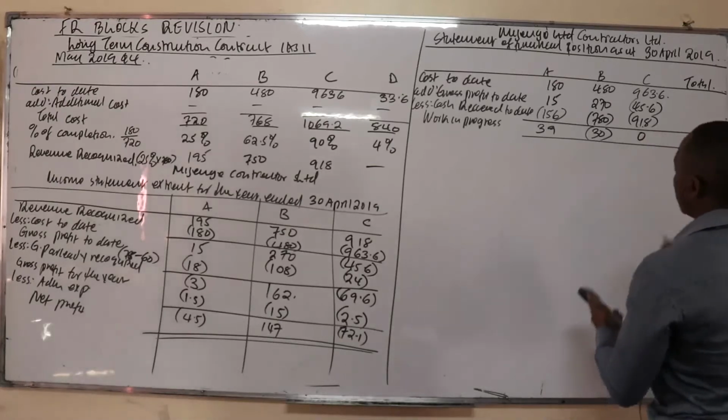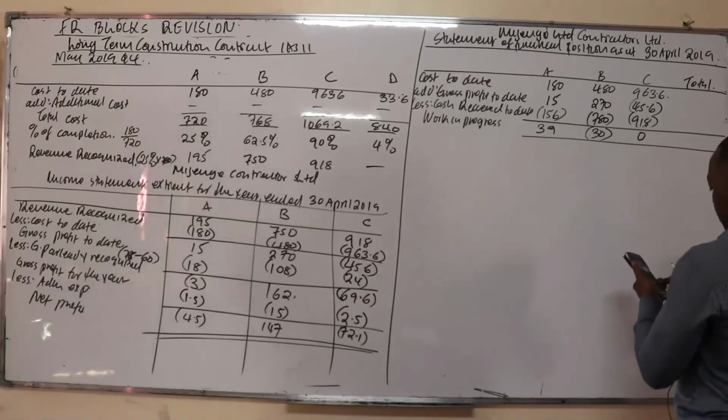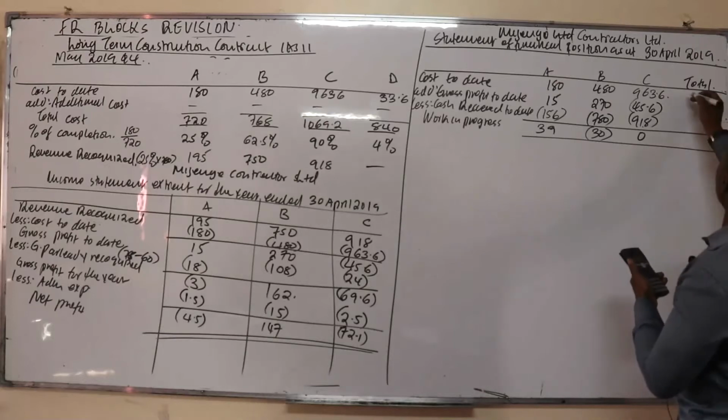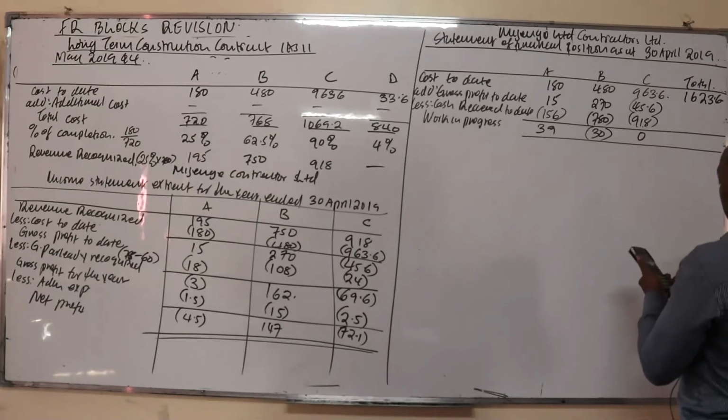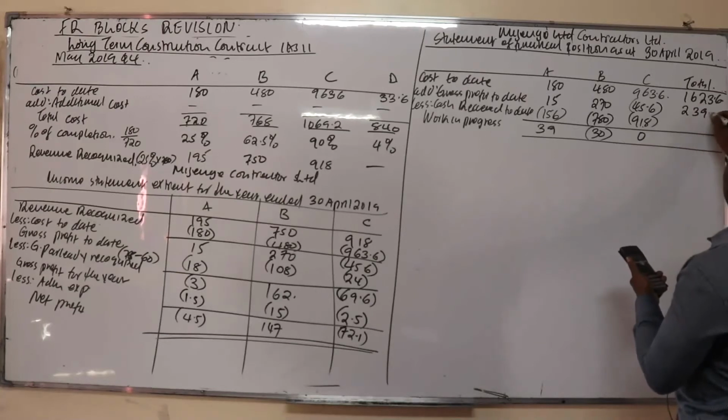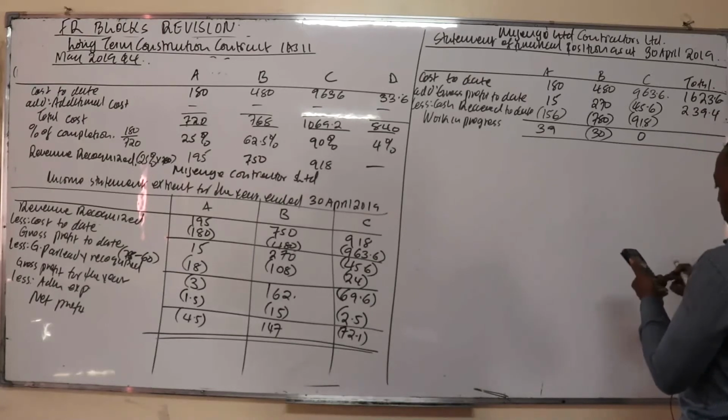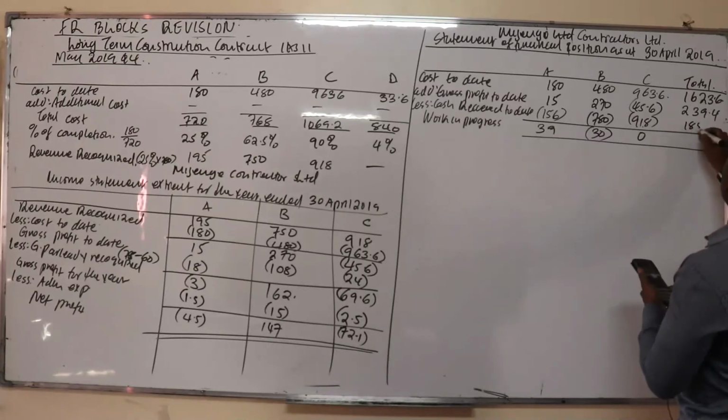So let's get the total. 180 plus 480 plus 963.6. So that means the total cost to date was 1623.6. 15 plus 270 minus 45.6, you get 239.4. 156 plus 780 plus 918, you get 1854.